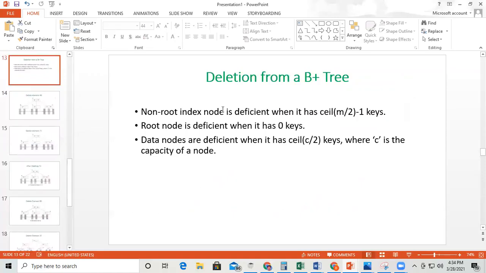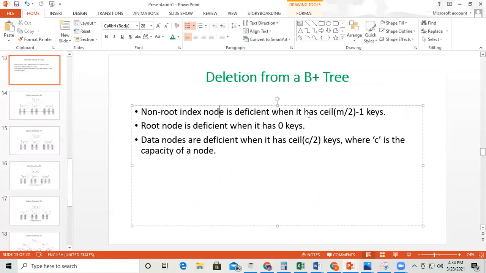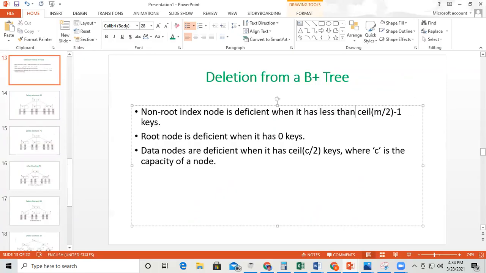A non-root index node is deficient when it has less than ceil of m by 2 minus 1 keys, which is the same as that of the B tree. A root node is deficient when it has 0 keys. Data nodes are deficient when they have less than ceil of c by 2 keys, where c is the capacity of the node.